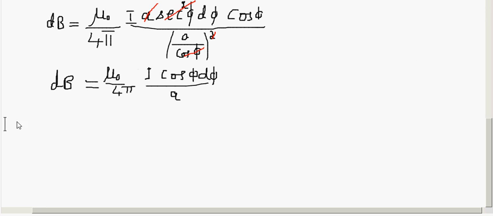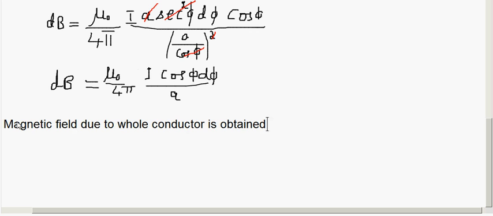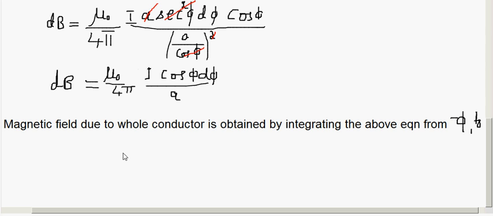Therefore the magnetic field due to the whole conductor is obtained by integrating the above equation from minus phi 1 to plus phi 2.